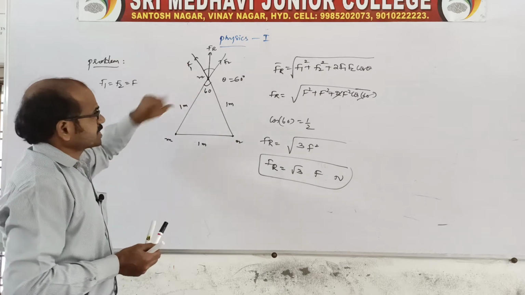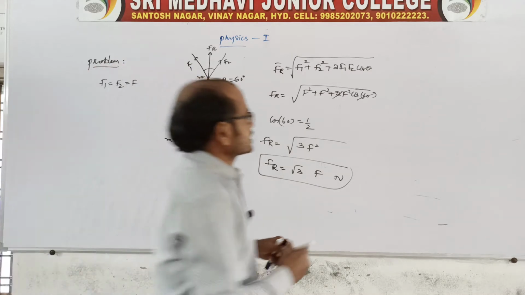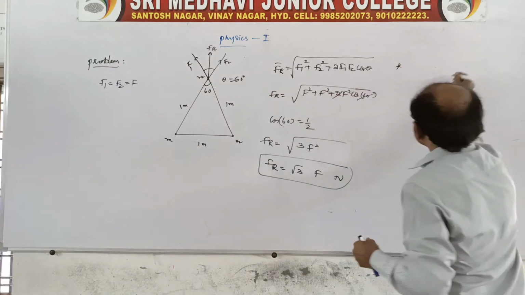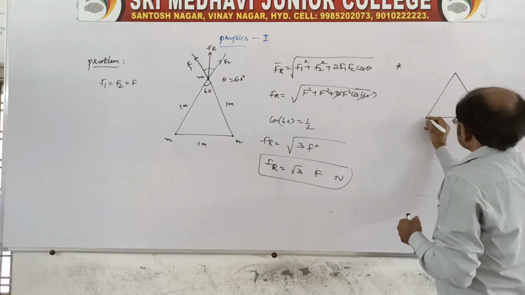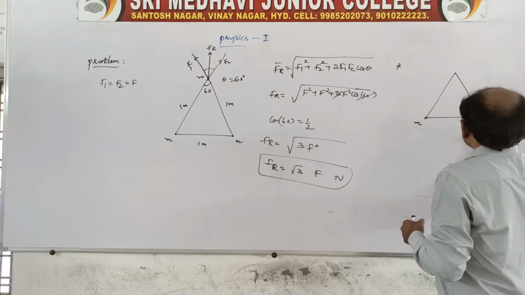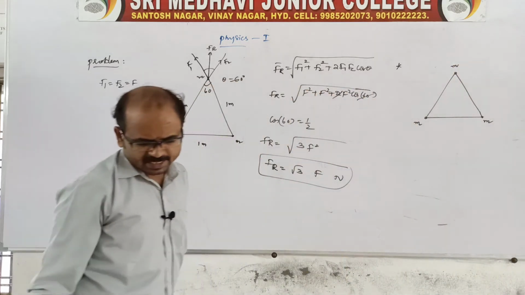And here is another question on the basis of the equilateral triangle only. Suppose he is asking another question, given like this. The same equilateral triangle is given, with three identical masses placed like this. Now another fourth particle is placed.